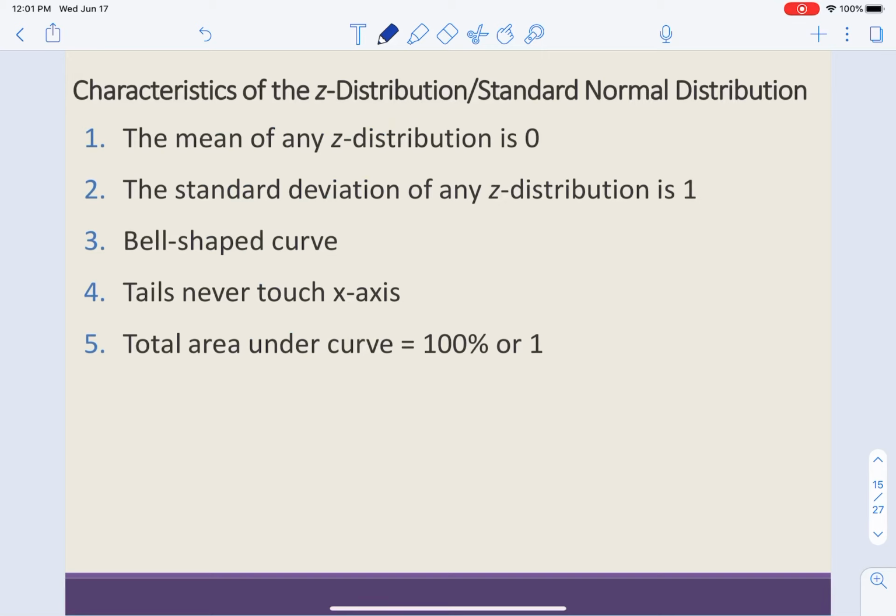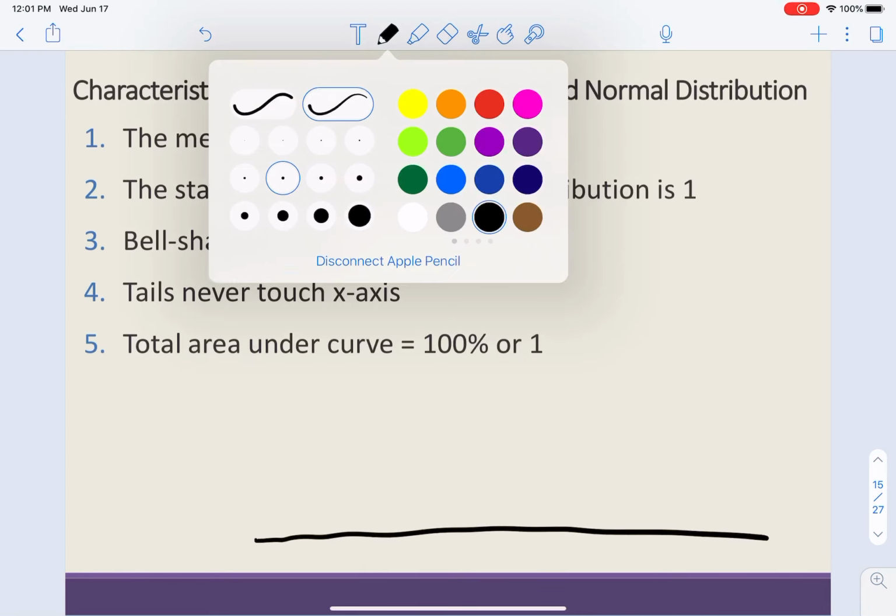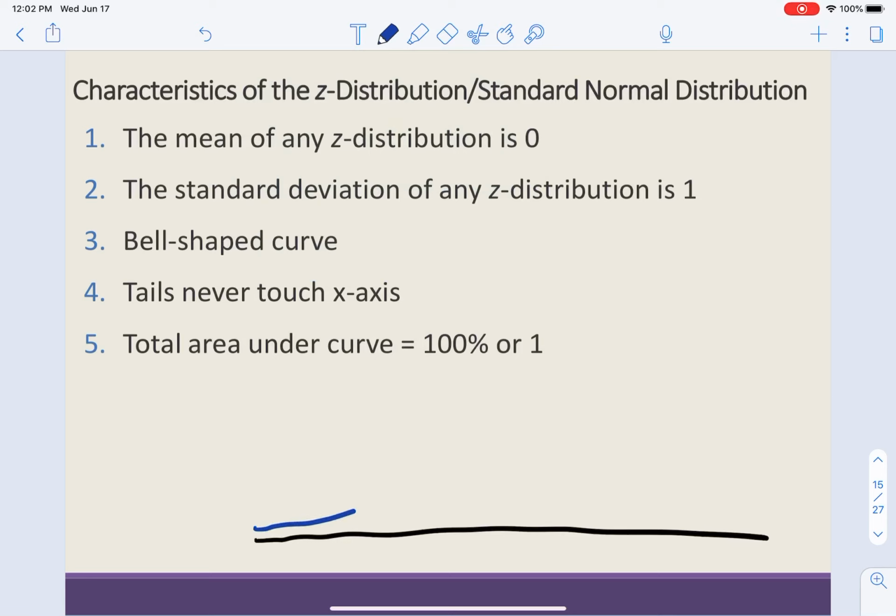It turns out that a Z-distribution is just a fancy word for a normal distribution, but with a few caveats. I'll draw it out too. So that's our x-axis. Our Z-distribution looks like this.